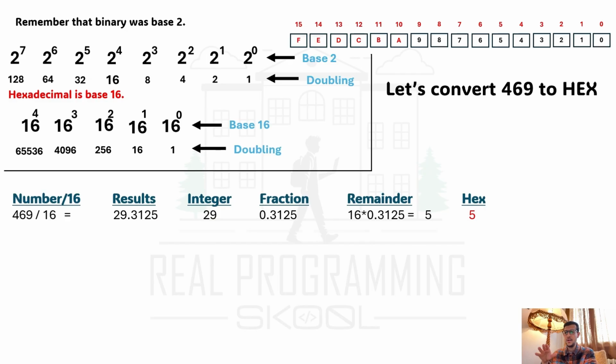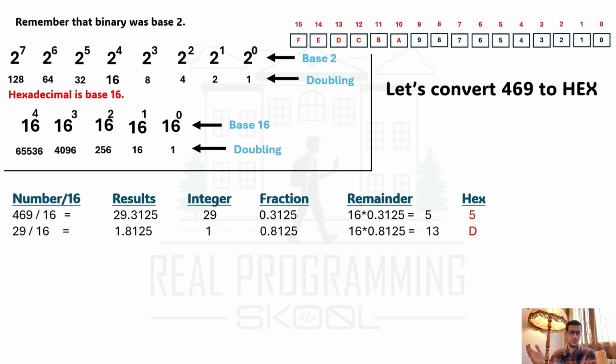All right, and how does it work after that? We take 29, the integer number, and divide it by 16. Why do we divide 29 by 16? Why don't we stop here? Because while the integer number is still bigger than the base, 16, we continue.